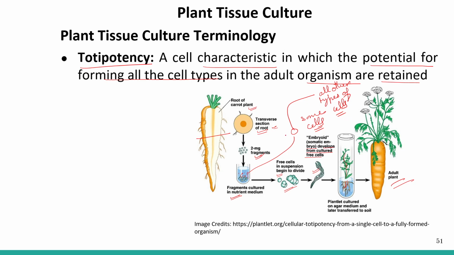That particular cell is called a totipotent cell. And this phenomenon, that is, one particular cell giving rise to a whole plant, is called totipotency. Okay, so this is very, very important.